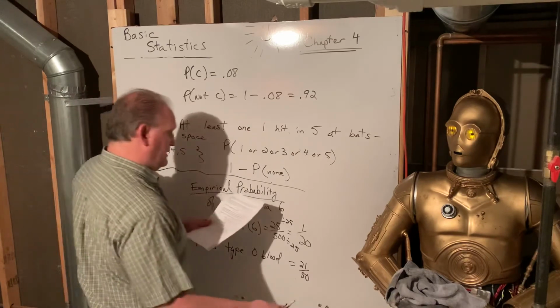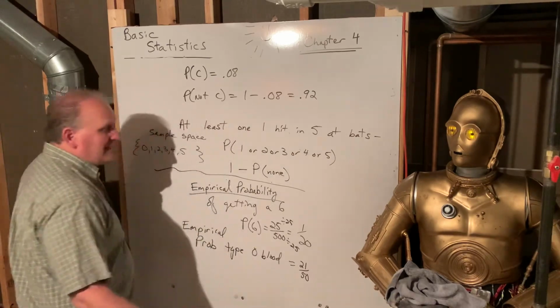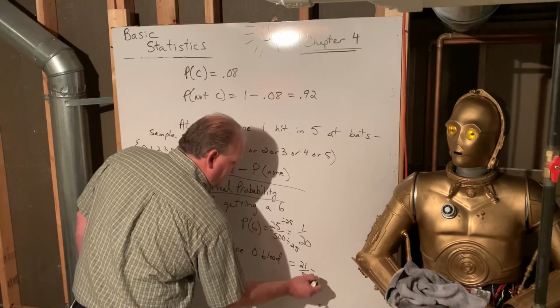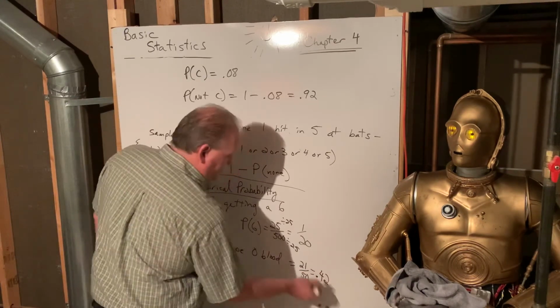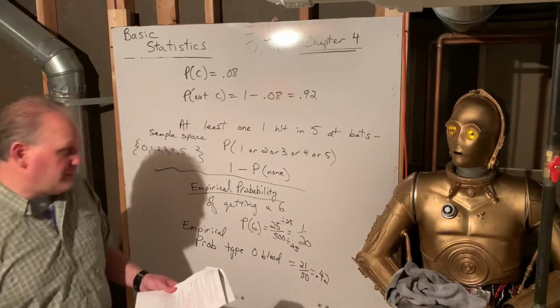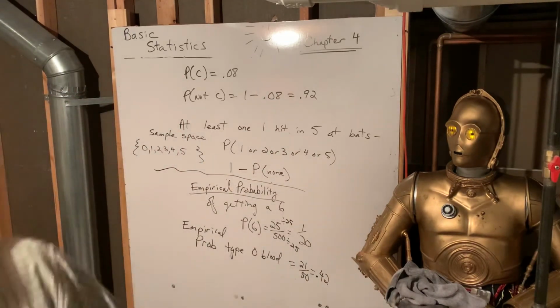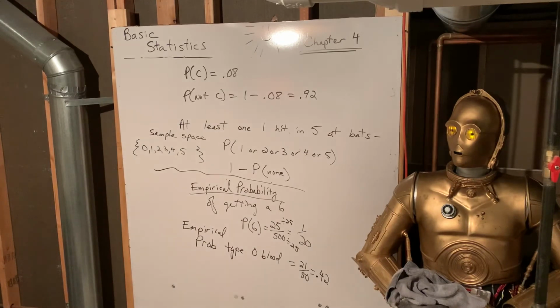And if we make that into 21 out of 50, it doesn't mean a lot to a lot of people, but if you make it into a decimal and then a percent, if you say 42%, most people understand that pretty well. 42% chance.